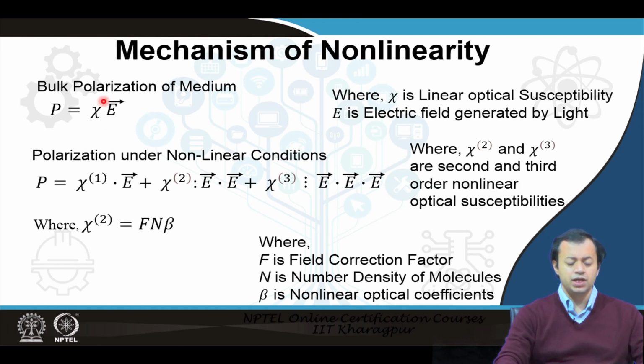How intensely and how much dipole moment forms, how easily the electron cloud gets modified in a linear material, is given by P = chi E, where P is the polarization, E is the electric field, and chi is the linear optical susceptibility. But when you have a non-uniform material, something called an anisotropic material, especially an optically anisotropic material, where there is not a uniform distribution.